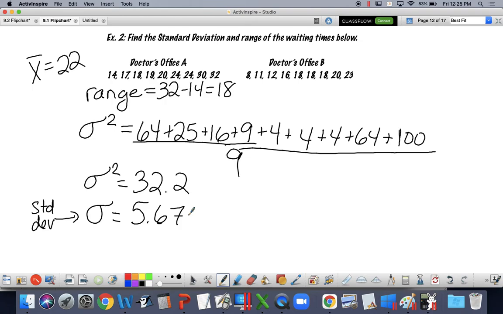So the standard deviation of this data set, the spread of this data set, is 5.67. Now the first question you might ask yourself is, is that a high standard deviation? It depends is the answer, and I know you probably hate answers like that, but we need something to compare it to. So let's compare this standard deviation to this one.